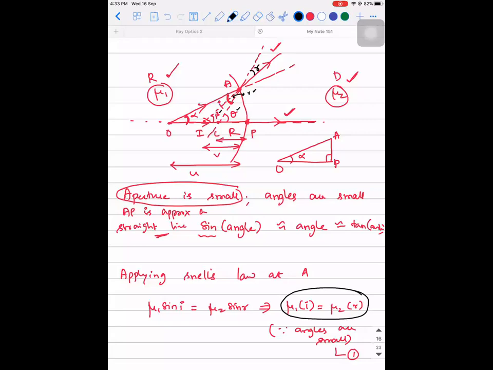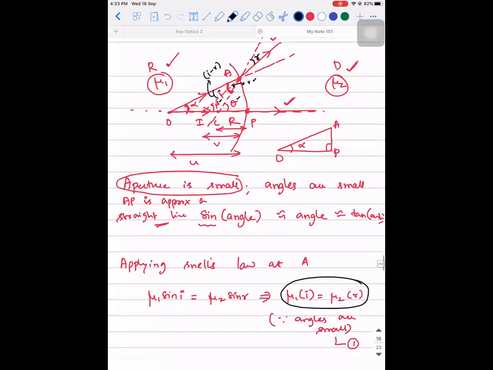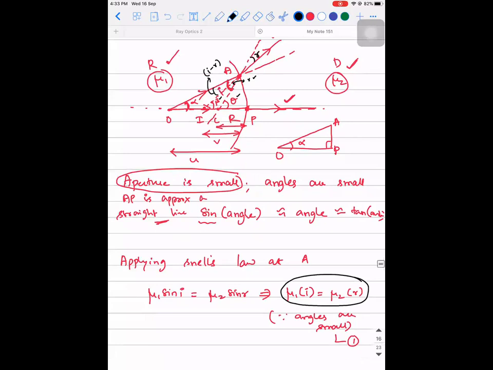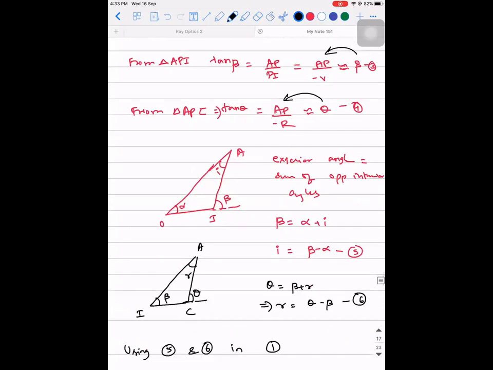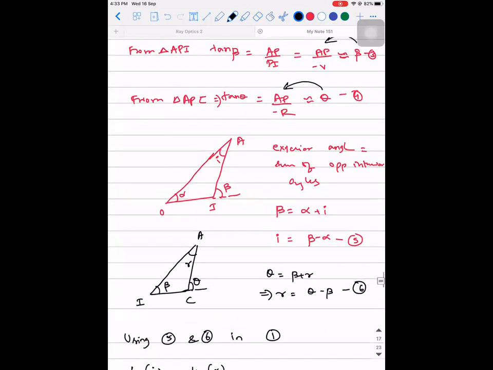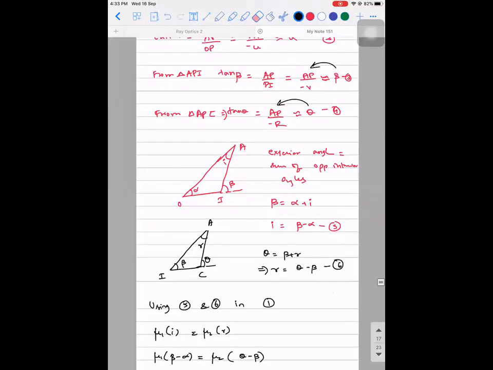Then this should be I minus R, right? So where is that step OAI? Then this angle should be I minus R, correct? Yes, sir.